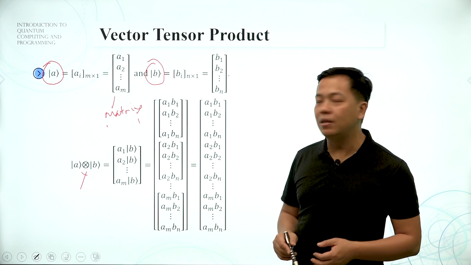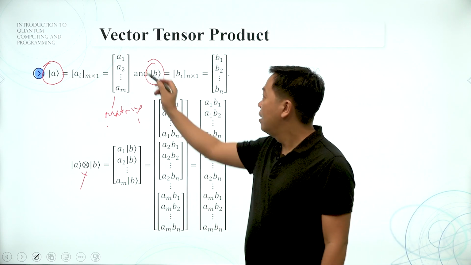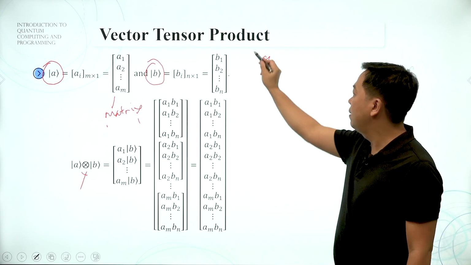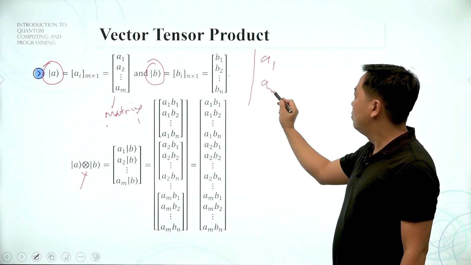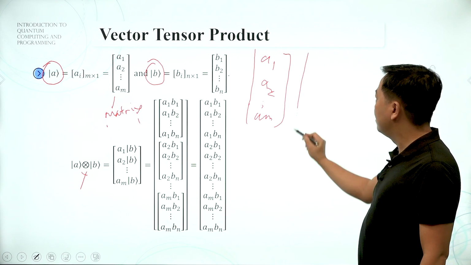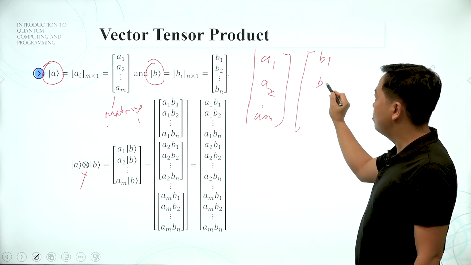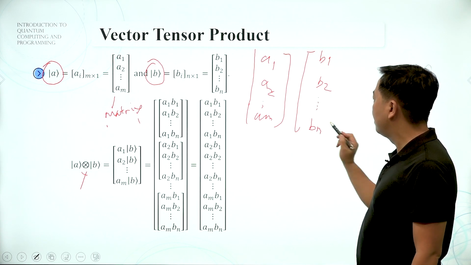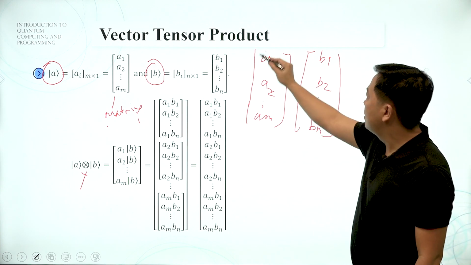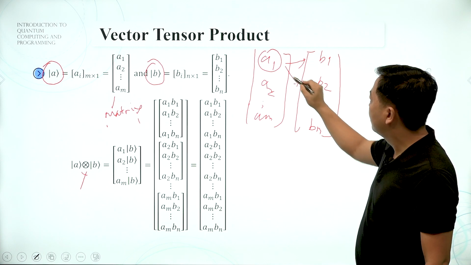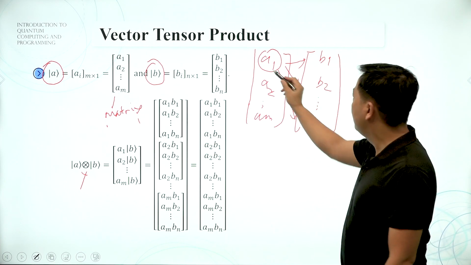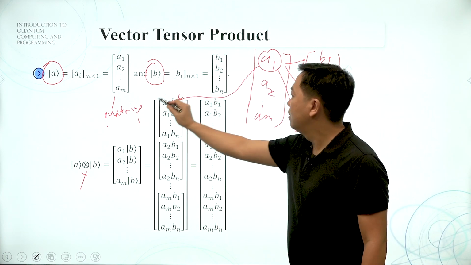It is actually easy. Let's write A as A1, A2, up to Am, and B as B1, B2, up to Bn. You multiply each element of A by every element of B. For the first one, A1 multiplied by B1 and so on gives this part.